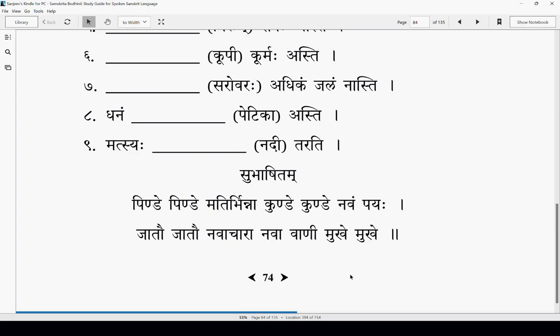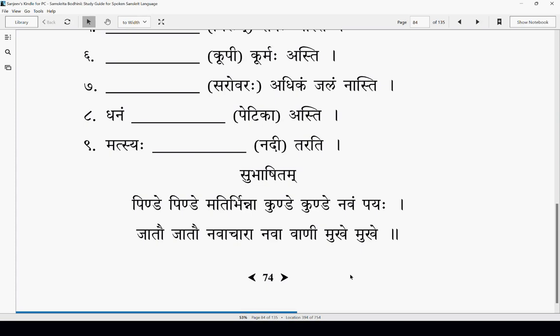Pinde Pinde. Pinda, you can think of Shariram or just the head. In every head, Matih Bhinna. There are different thoughts. Everybody thinks differently. That is the meaning. Pinde Pinde Matir Bhinna.